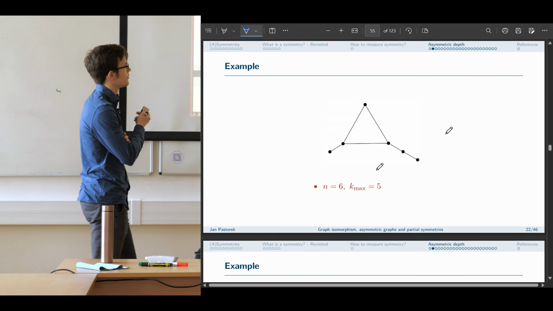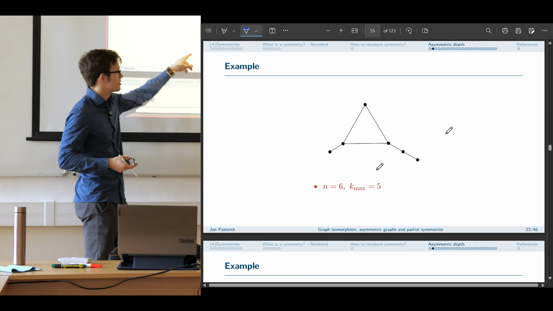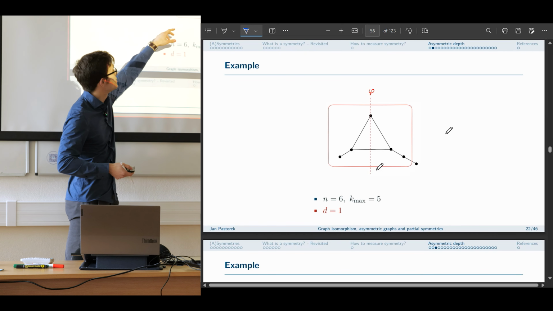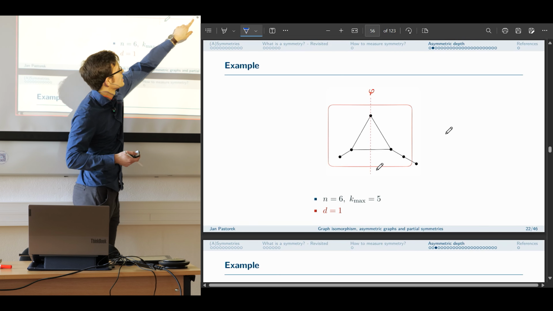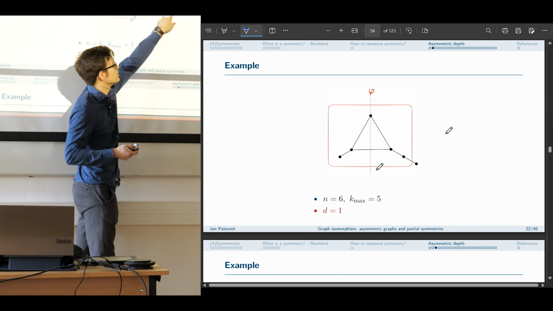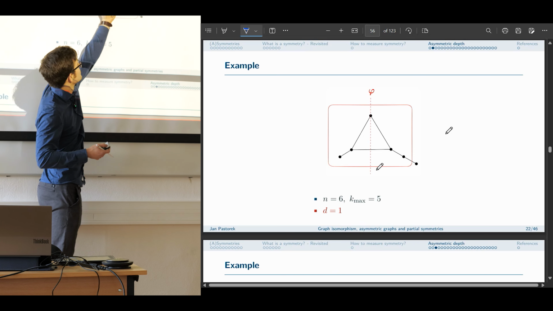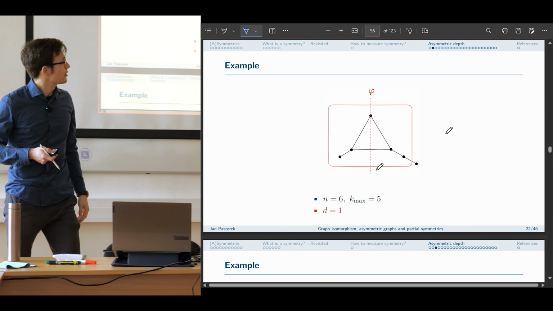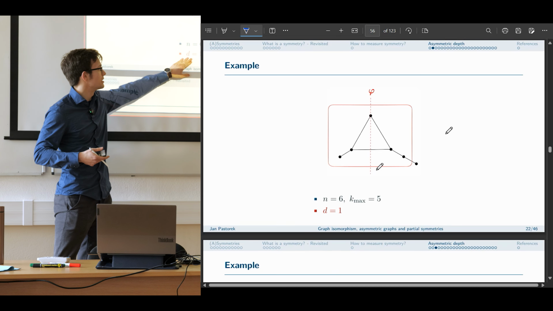This is a graph on 6 vertices, and its largest partial automorphism has rank 5. It is this one, okay? It's a reflection, and it takes these 2 vertices, and it's not defined on this vertex, okay? So this is out, and as you can see, there is a reflection. And so its accompanying asymmetric depth is equal to 1.